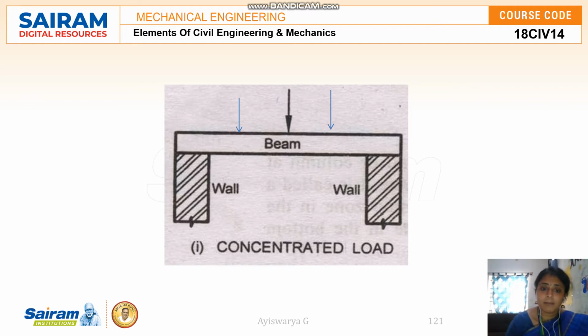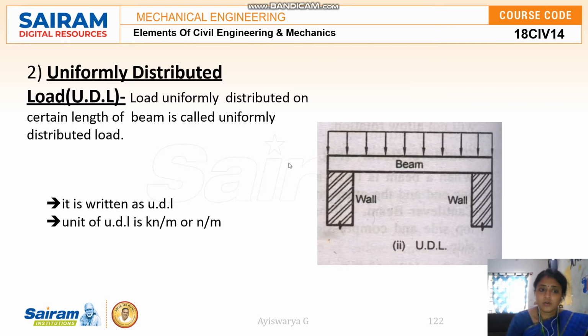I'll tell you one example for a concentrated load. Consider a beam having walls on two sides, and in that beam a load W is applied at the center of the beam. Now I am going to explain uniformly distributed load. Uniformly distributed load means that up to a certain length there will be an even distribution of loading.